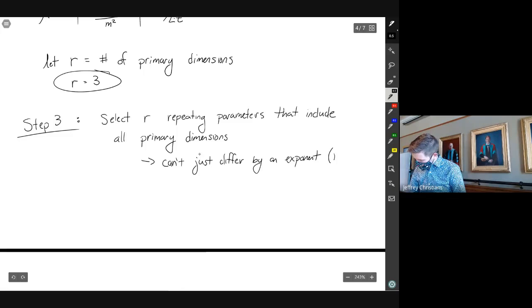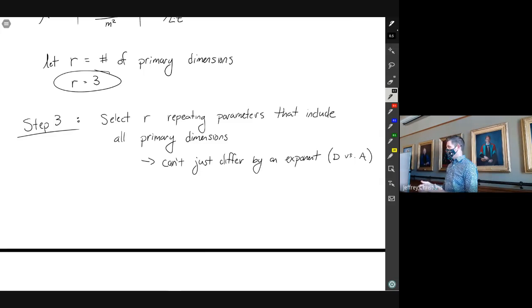So we said the diameter of the sphere is what matters. You could have said, well, what about the surface area of the sphere? And I would have said, yes, the surface area matters, but it's not independent of diameter because they differ by just an exponent.